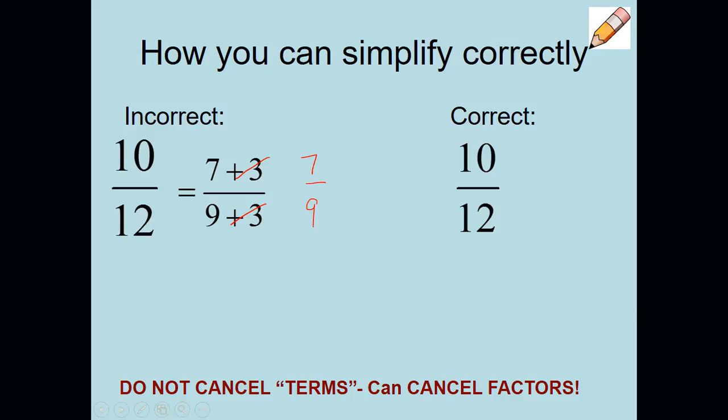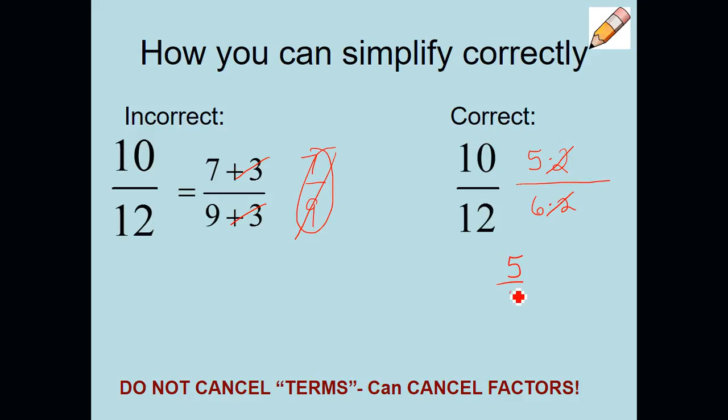We need to be careful to understand how we simplify fractions. We basically need to think about them as canceling factors. This is a no-go. Canceling factors, not terms. So for example, if we divide 10 into 5 times 2, and we also take a look at 12 as 6 times 2, then I can say, oh yeah, if I divide a 2 out of both the top and the bottom, it becomes 5/6.